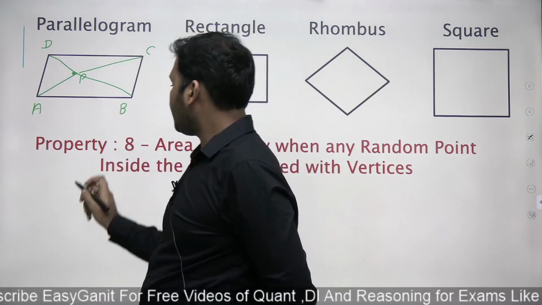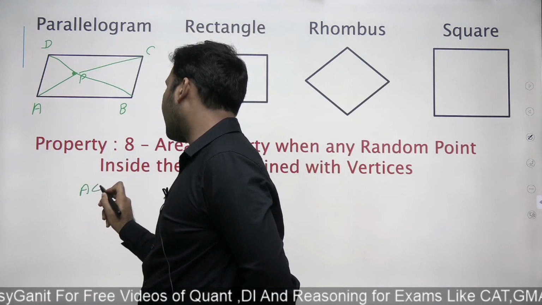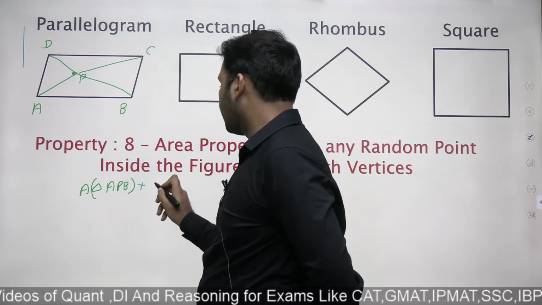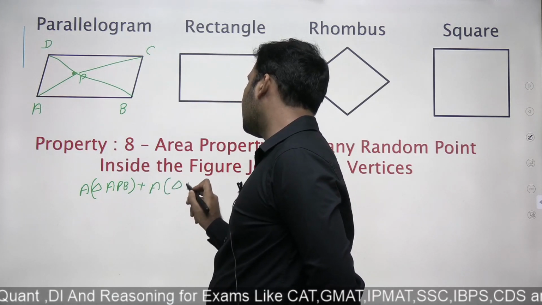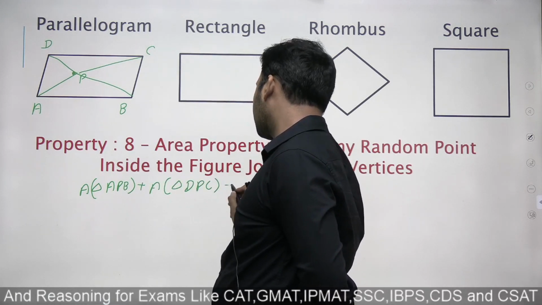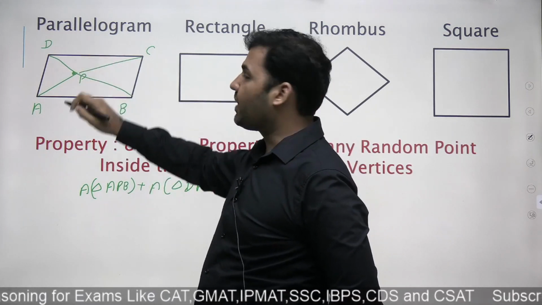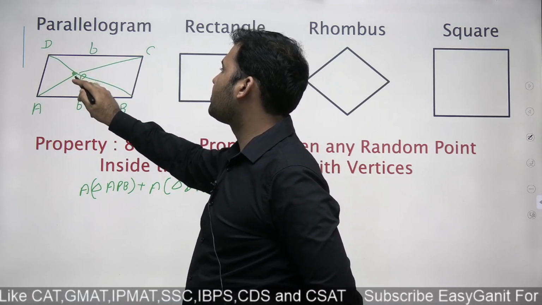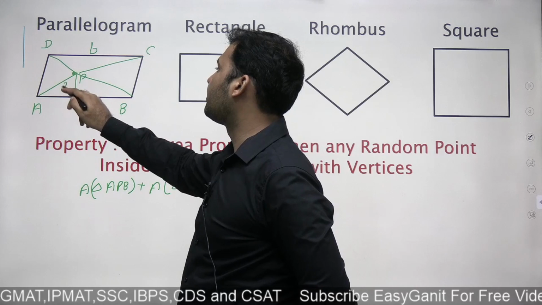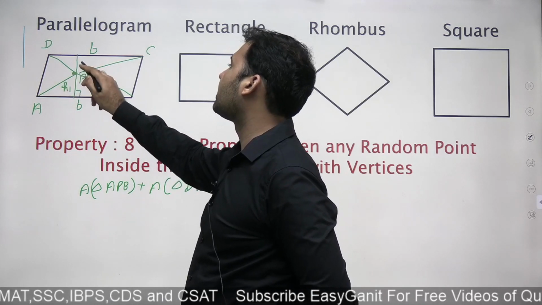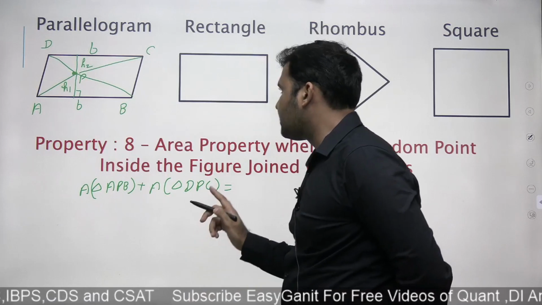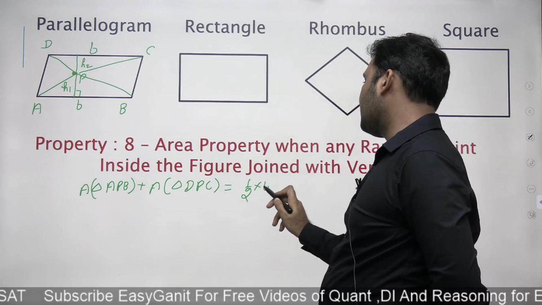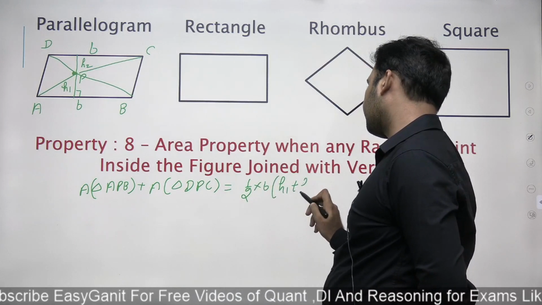Now, if I have to find out the area of triangle APB plus area of triangle DPC. Look at these 2 triangles, guys. See that their opposite sides are parallel and equal. So if I'm saying that this length is B, this length will also be B. Now if I drop a perpendicular H1 from the point P, and a perpendicular H2 from the point P, then the summation of area of both of these 2 triangles would be half into B into H1 plus H2, right?